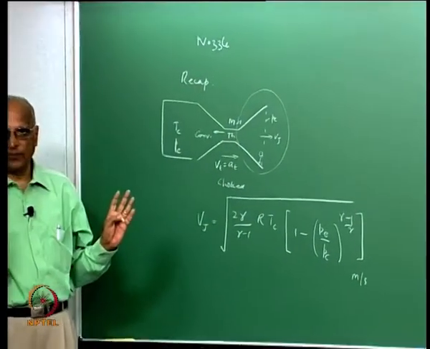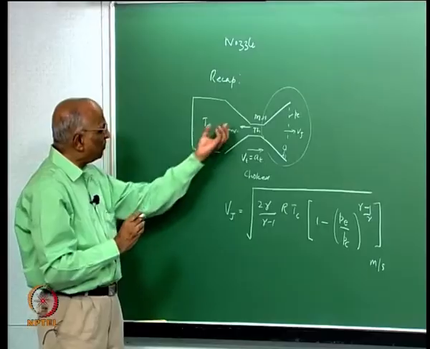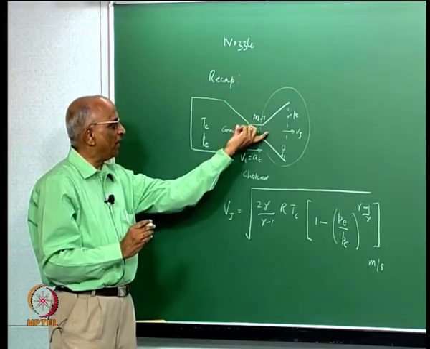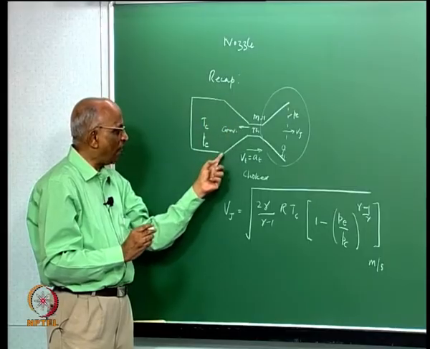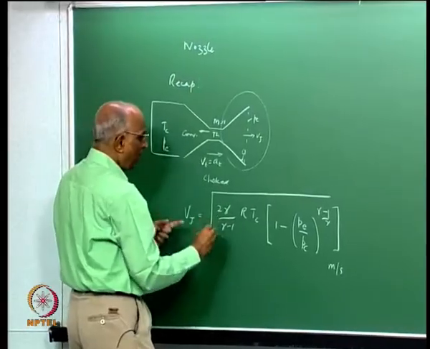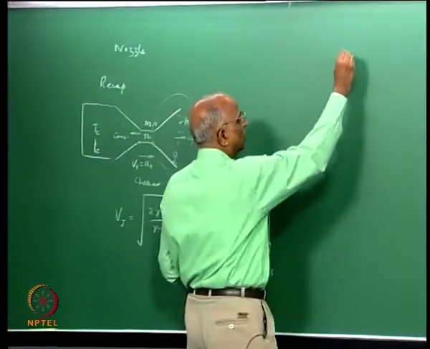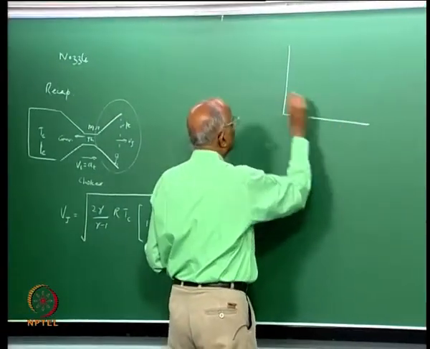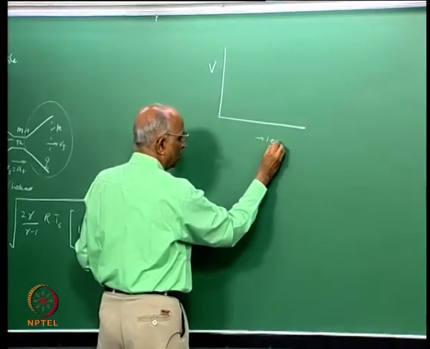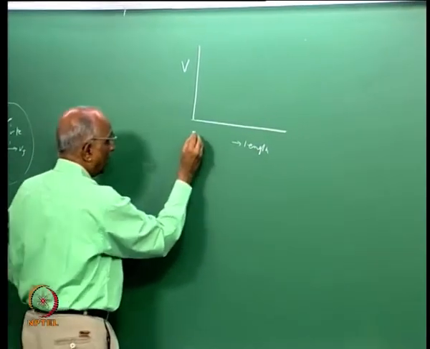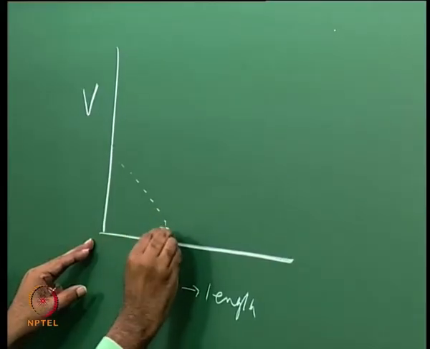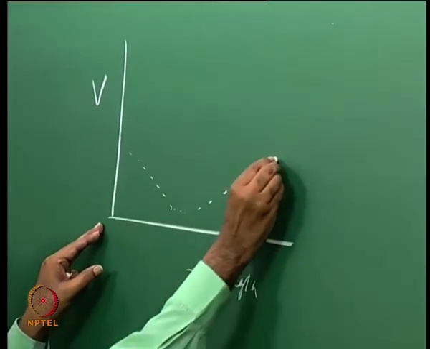Is it all right? We started with a vent and derived this velocity, and then to look at the shape of the vent, it was necessary for us to have a convergent followed by the divergent, such that if I were to now plot the velocity of the gases as a function of the length of the nozzle, mind you, along the length of the nozzle initially I have a converging shape, then I have a throat, then I have the diverging shape.